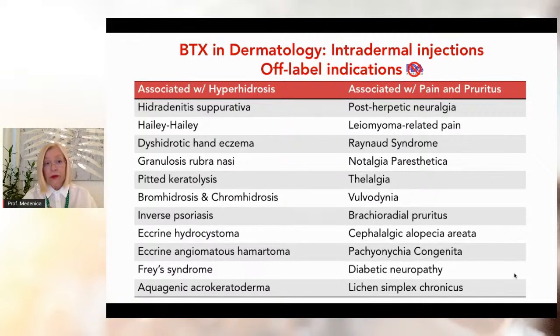Actually, this enormous potential of botulinum toxin has contributed to a number of broad applications in our dermatology area. It has demonstrated efficacy in a number of rare skin diseases for which there are, unfortunately, few therapeutic options.